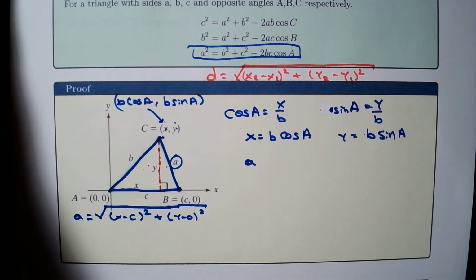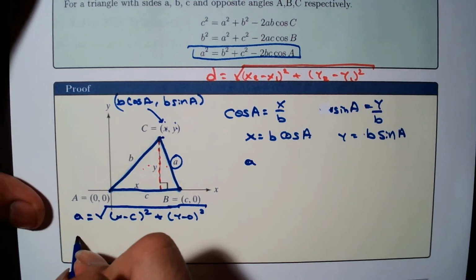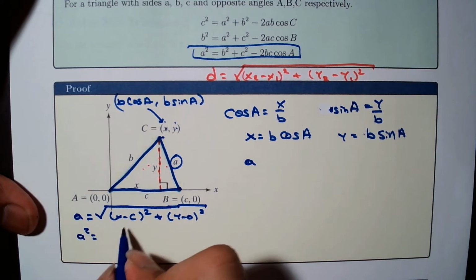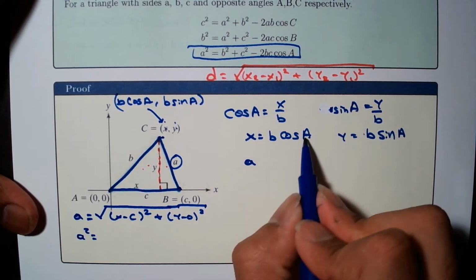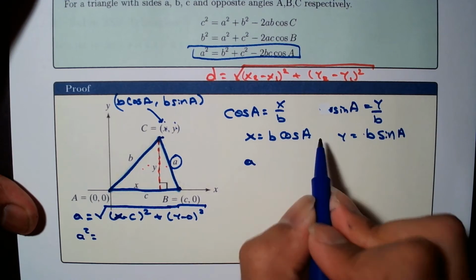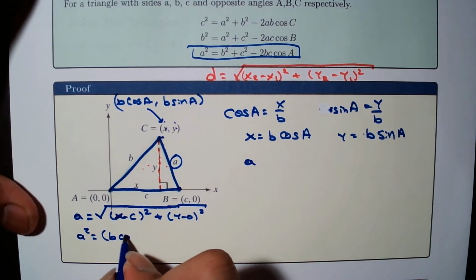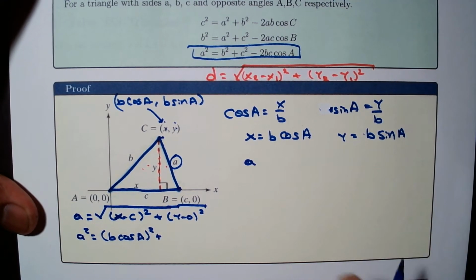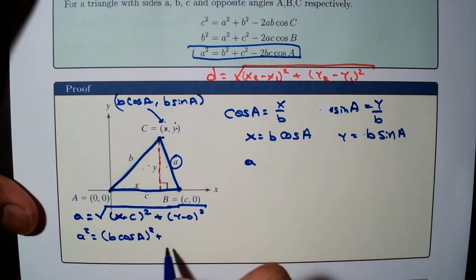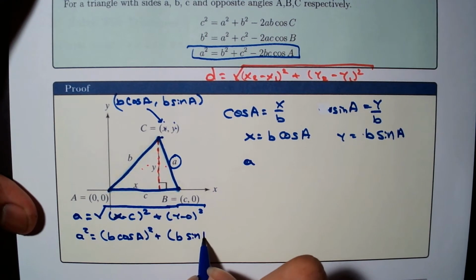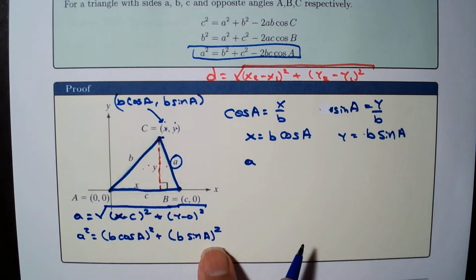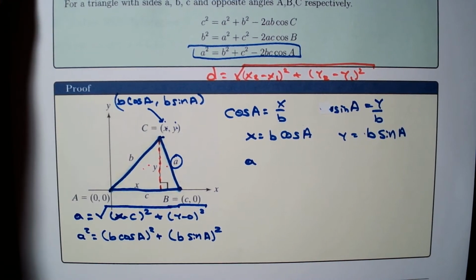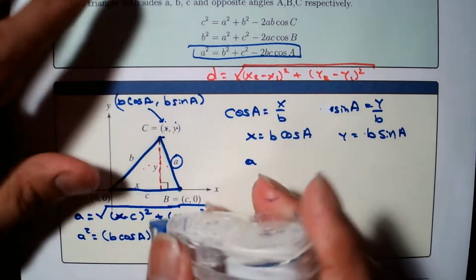Then from here, you might want to square both sides to get a squared equals (x minus c) squared, but I'm going to substitute x with b cosine A. And this y minus 0 is simply y squared, but y is b sine A, quantity squared. Notice I didn't write the 0 anymore. I needed to write a c over here.